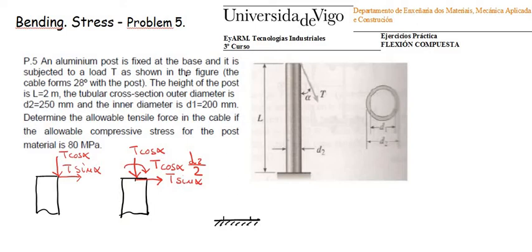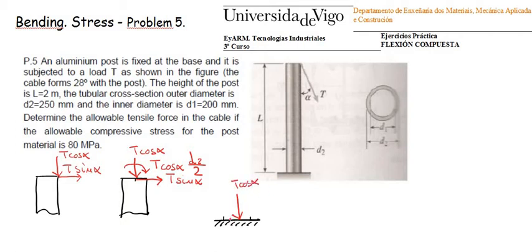Now what we have here is an axial load that produces compression. This axial load has the same value as before, T cosine alpha.